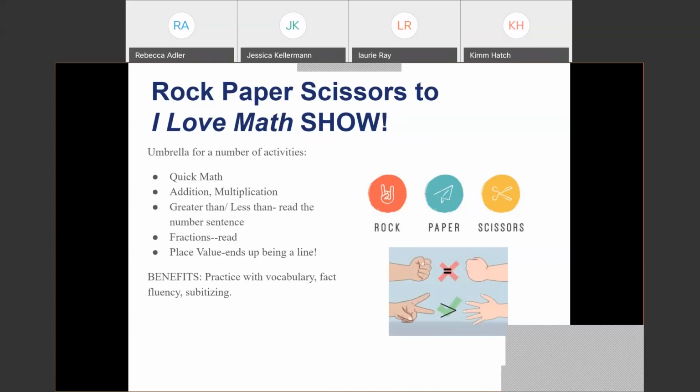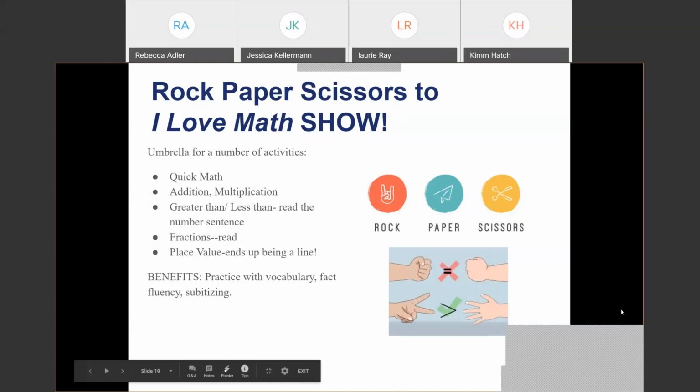You could be very creative with this, but again, it just makes it sound fun. These kids, I have found, are so much more willing to do the math and to do the work when it sounds like a game. You could say it's a game and it's literally them just doing some fluency problems, but if they have that idea that it's a game in their head, they're so much more willing to participate.